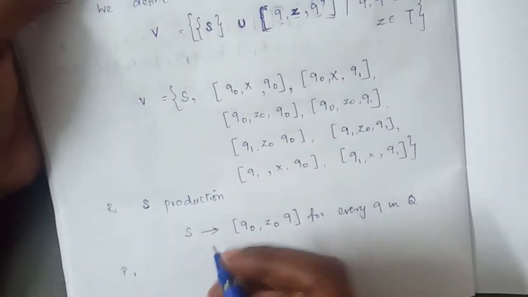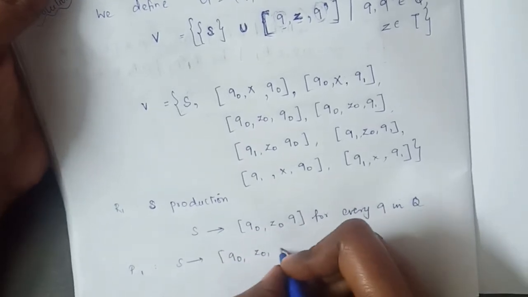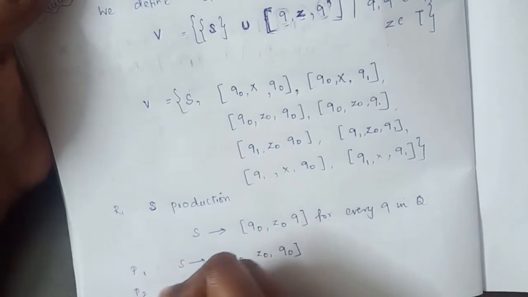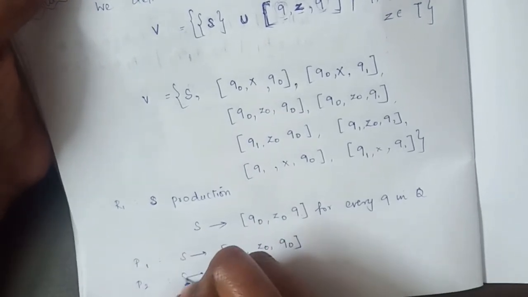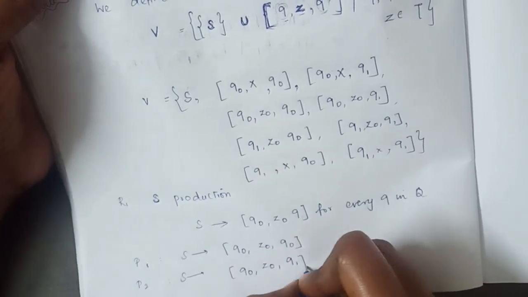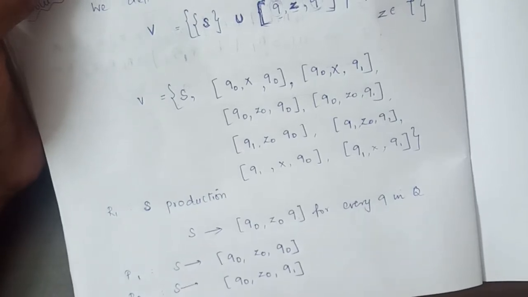Production 1 tells you S tends to q naught z naught q naught, and production 2: S tends to q naught z naught q1. So these are two rules, production 1 and production 2.